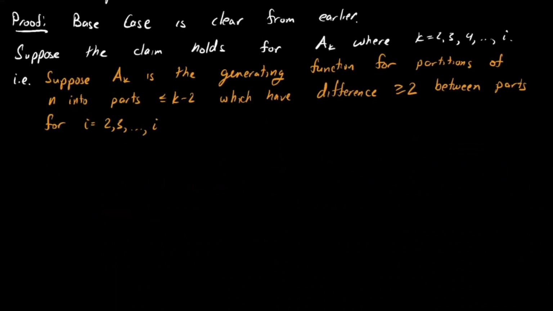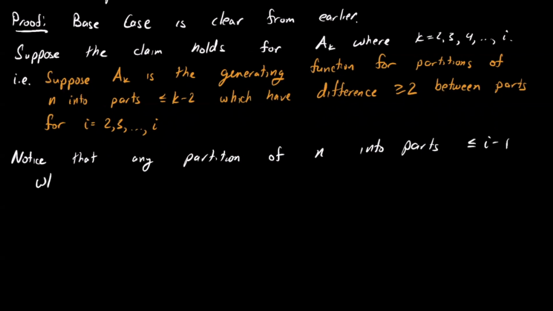So notice that any partition of n into parts that are less than or equal to I minus 1 with difference greater than or equal to 2 between parts satisfies one of two conditions.